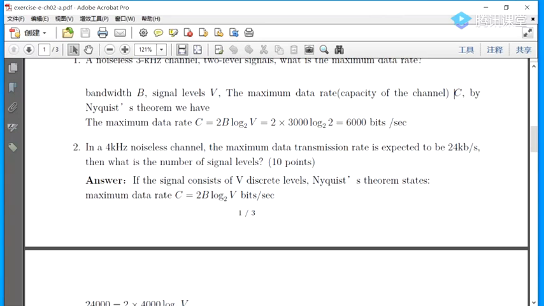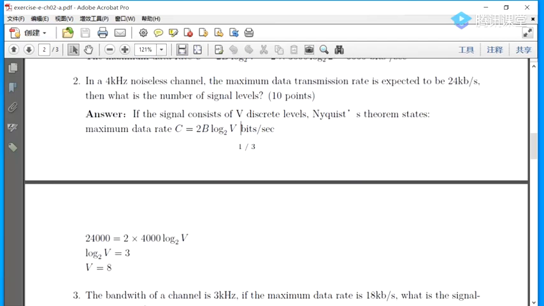So 24,000 equals 2 times 4,000 times log 2V. So log 2V equals 3, so V is 8. The number of signal levels should be 8.